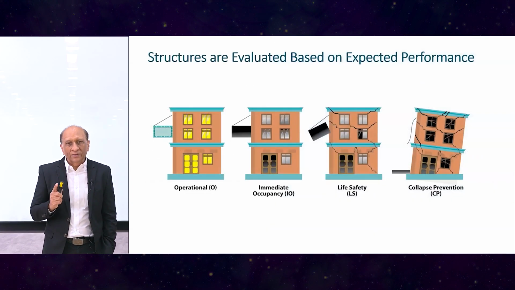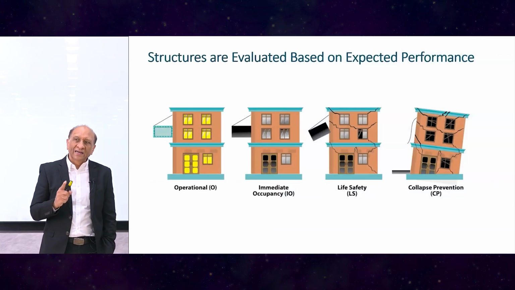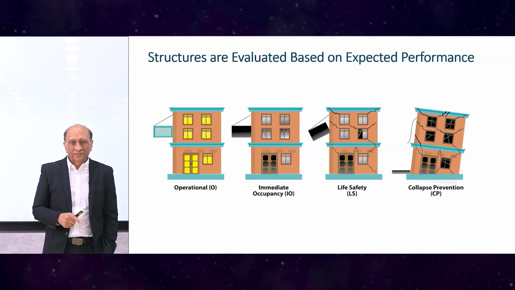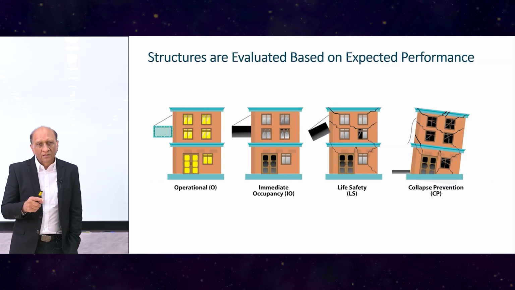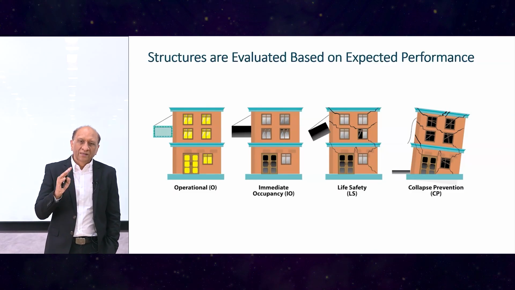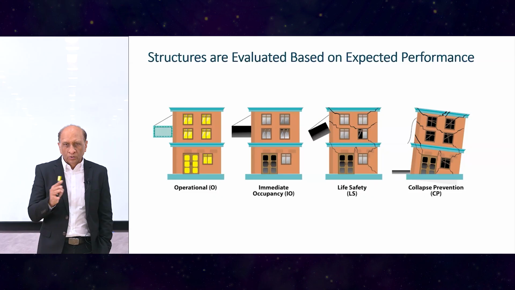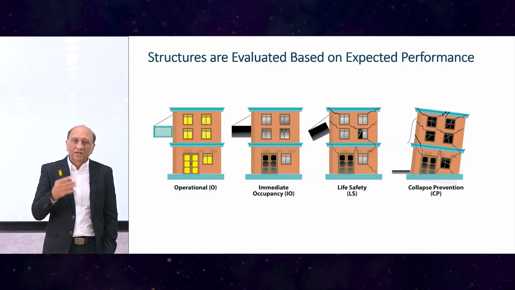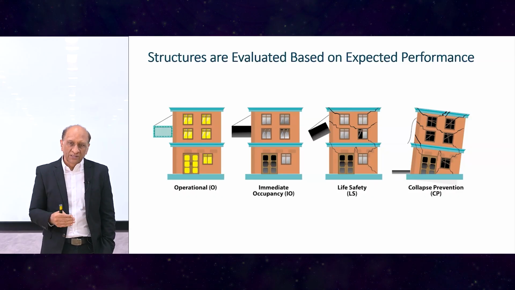And that way is to look at performance, not at the DC ratios, not at the design intent, but actual performance. So performance can be defined as operational, immediate occupancy, life safety, and collapse prevention. So we check the performance at different hazard levels, different performance levels, and if they are okay, we can say the structure is okay.